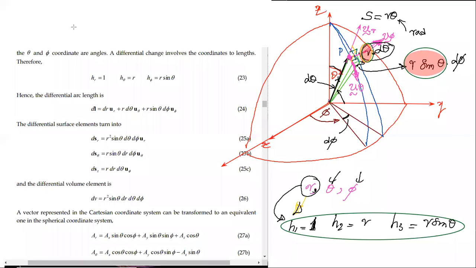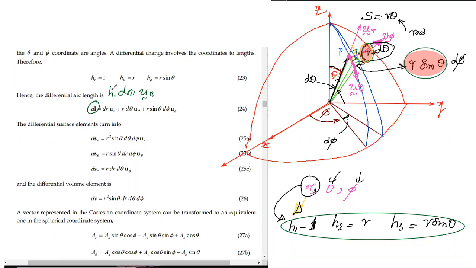Therefore, with the support of these spherical coordinates, you can see here the arc length, the differential arc length dl, you can write down by using this h1 d u1 concept.